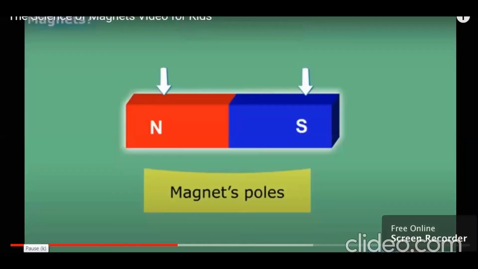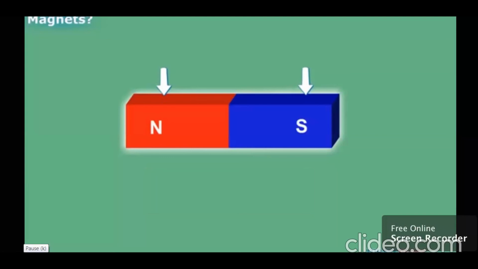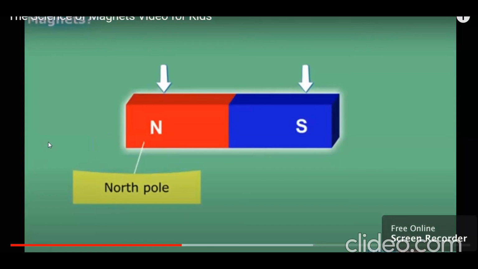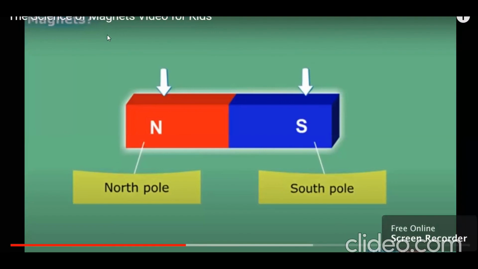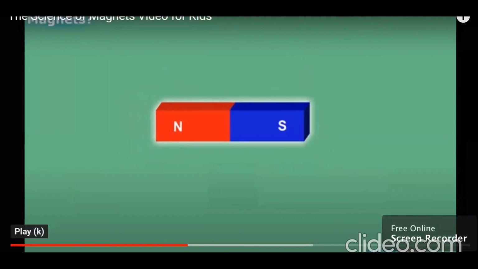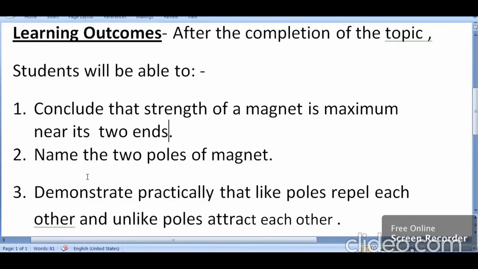Thus, a magnet has two poles, north pole and south pole. Dear students, now you can name the two poles of the magnet. One is the north pole and the other is the south pole.